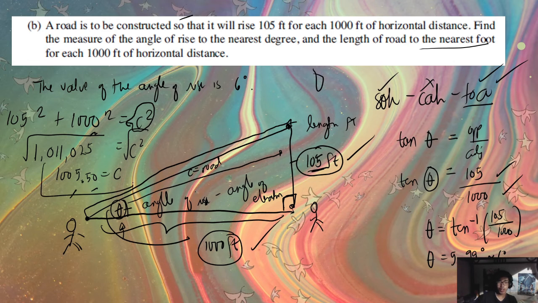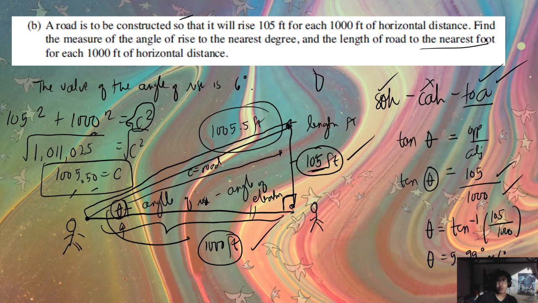Therefore, the road is 1005.5 feet, or just 5.5 feet more than the base, or the horizontal distance. So also approximately 1 kilometer.